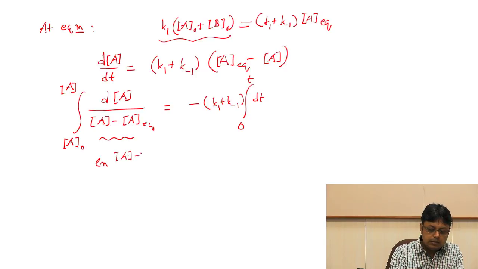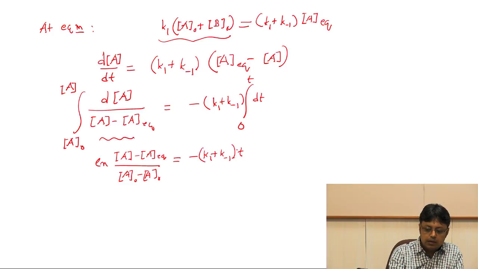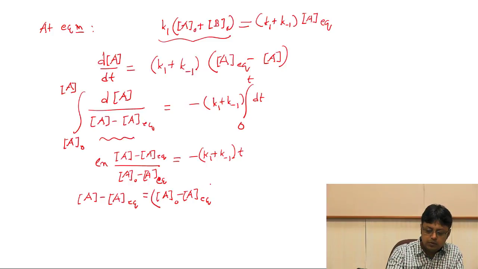So it will be A minus A equilibrium divided by A0 minus A equilibrium, which is nothing but minus K1 plus K minus 1 into T, and we can write it in the exponential form: A minus A equilibrium is nothing but A0 minus A equilibrium into e to the power minus K1 plus K minus 1 into T.